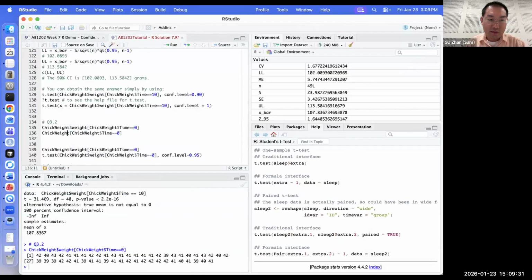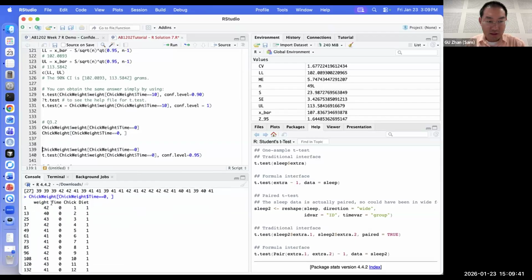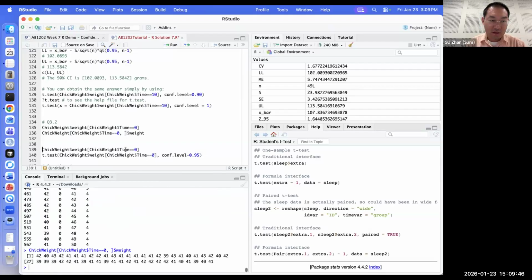You have the data set, then you put a condition in the square bracket left of the comma, then it will give you all those columns: weight, time, chick, diet. Then you add dollar weight, then it gives you the weight of them. After that, you can do a t-test.